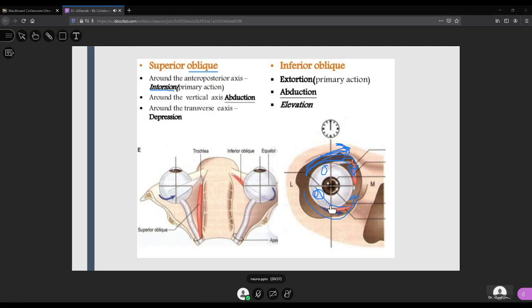If the inferior oblique is pulled, the eye should extort, meaning it moves like this.